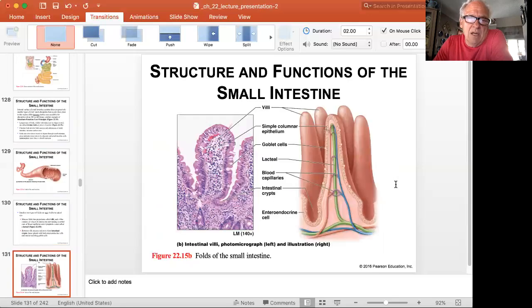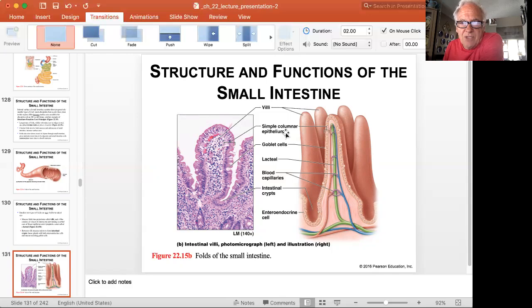Now here again are the villi that are in the small intestine. If you notice in here, here's your internal endocrine cells, remember? The ones that produce gastrin. Now we have what they call intestinal crypts. There's your acinar part of that. You have the capillaries.